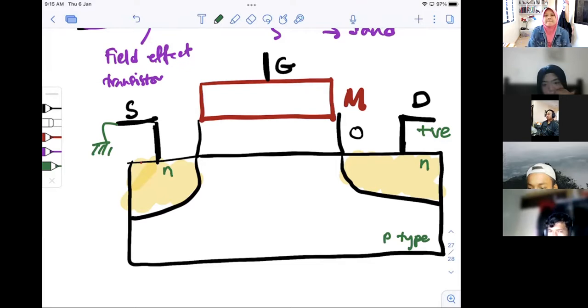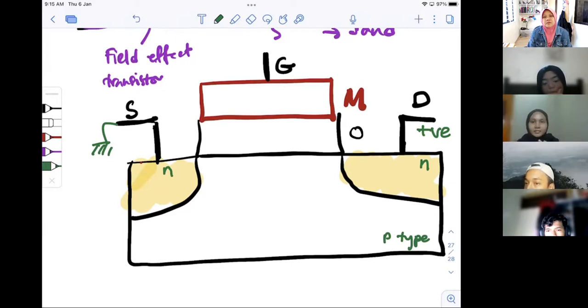Sarah? Sarah, you there? My answer is no. Why not? Because it's grounded, so no voltage supply, so there is no movement of... No, we apply a voltage here, a positive voltage here. Will there be current?